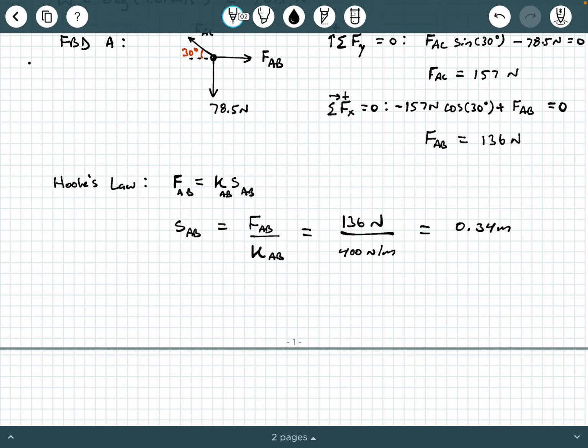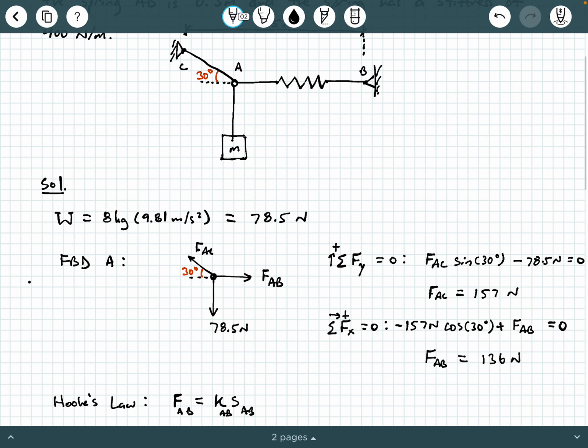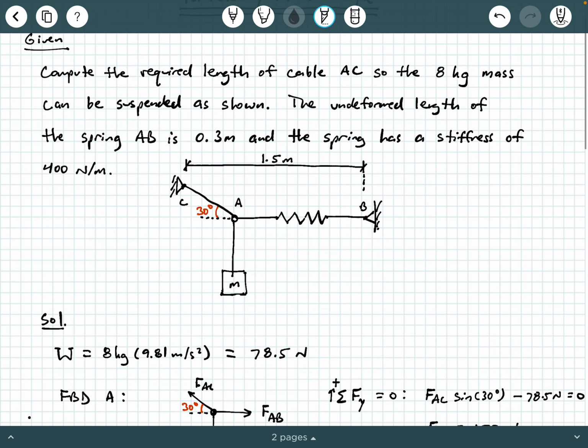So what would be the stretched length, okay? So again, think about that question. We know how much it's going to stretch. So what is the new length of AB after it has been stretched? Well, that's where we have to incorporate this 0.3 meters in here. We were told that the undeformed length, which is the unstretched length of AB, is 0.3 meters.